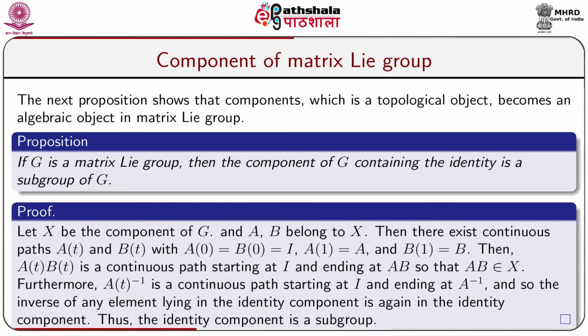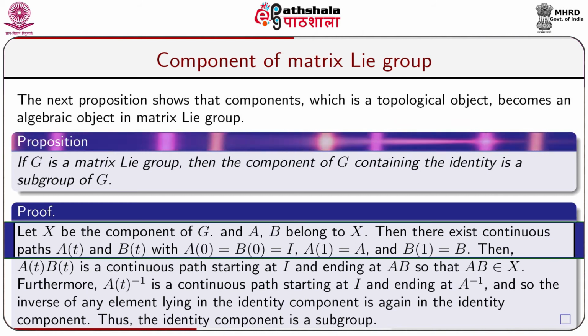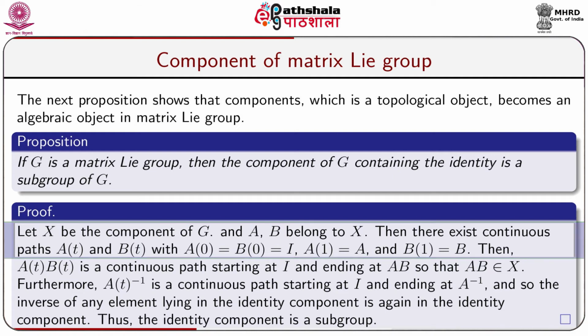This theorem says that the component which contains the identity is a subgroup of G. So, we have to prove that if A and B are in the component containing the identity, then the product of A and B is also in the component containing the identity.